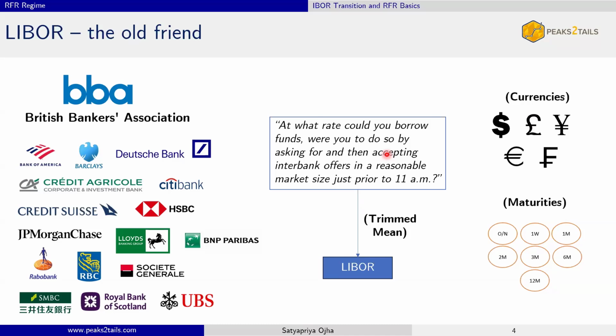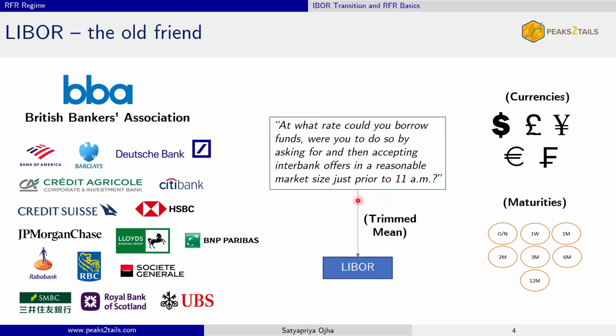First and foremost, the estimate or the quote that they gave should be based on actual transactions. If you have conducted a lot of transactions for 1 month maturity, then you give that quote. If not, if you don't have enough transactions, then it is based on expert judgment. Purely based on expert judgment, you give an estimate of what is the rate at which you can borrow.